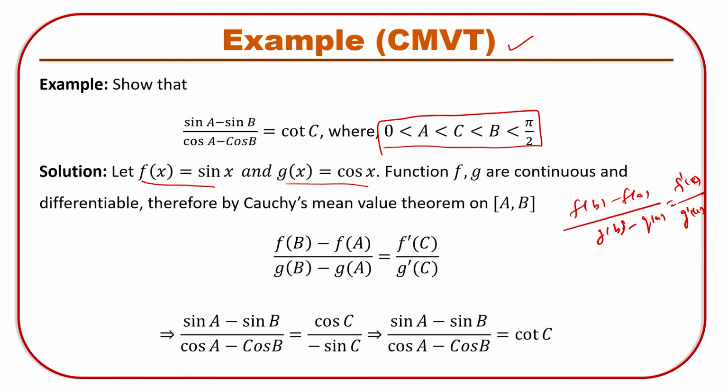So, what will be f(b)? f(b) is equal to sin b, right? You can change the sign on both sides. So, (sin a minus sin b) divided by (cos a minus cos b) is equal to cos c divided by minus sin c, which comes out to be minus cot c, right?